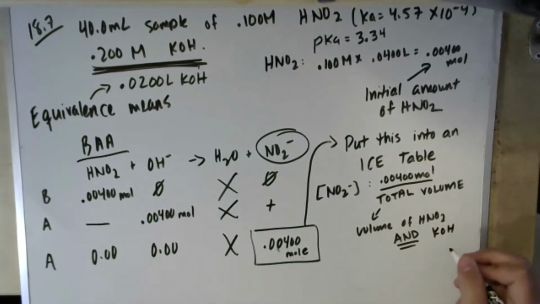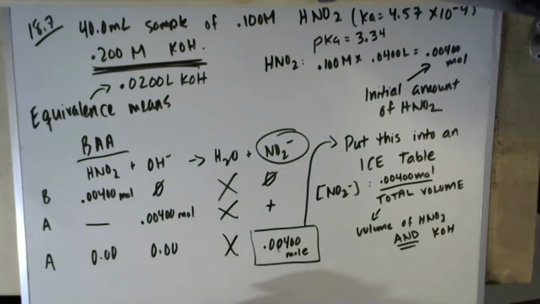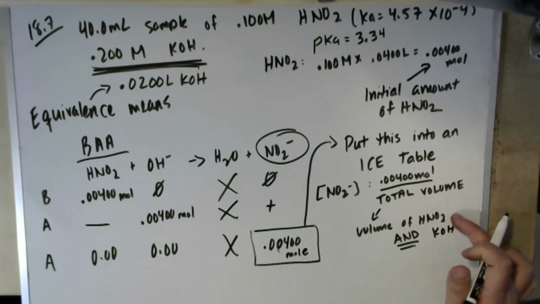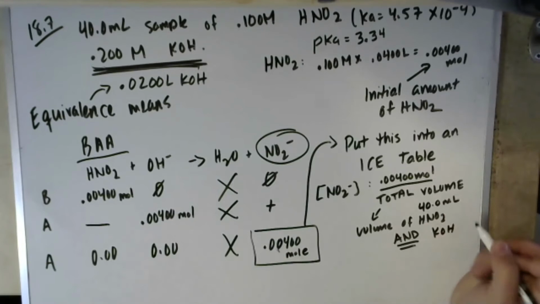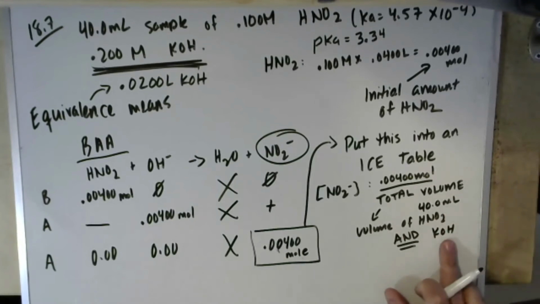And that's why they had us go through that step right before this where we found the volume of the KOH at the equivalence point, because if we didn't, we would have to do it anyway right at this point. So we know that the volume of our HNO2 is 40 milliliters and the volume of our KOH is 20.